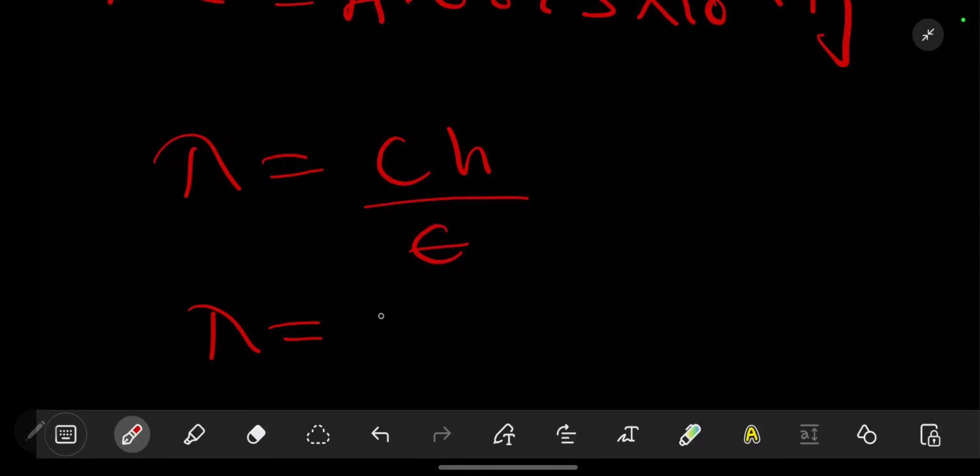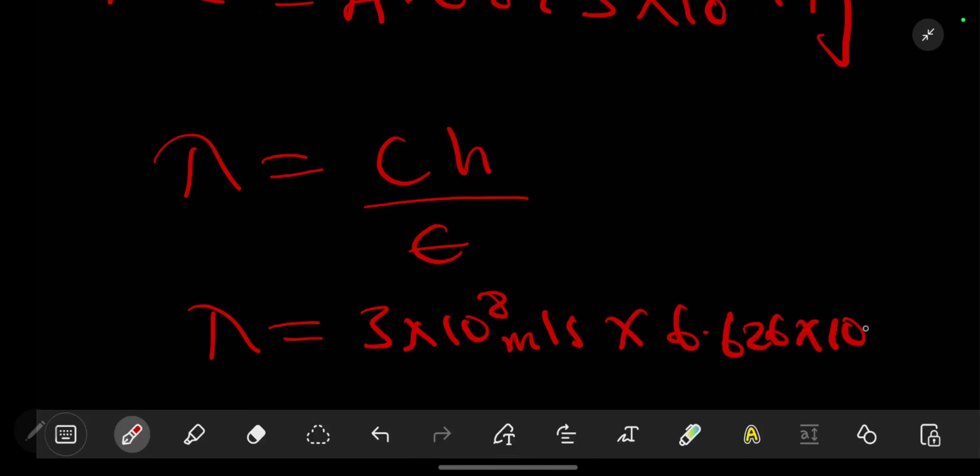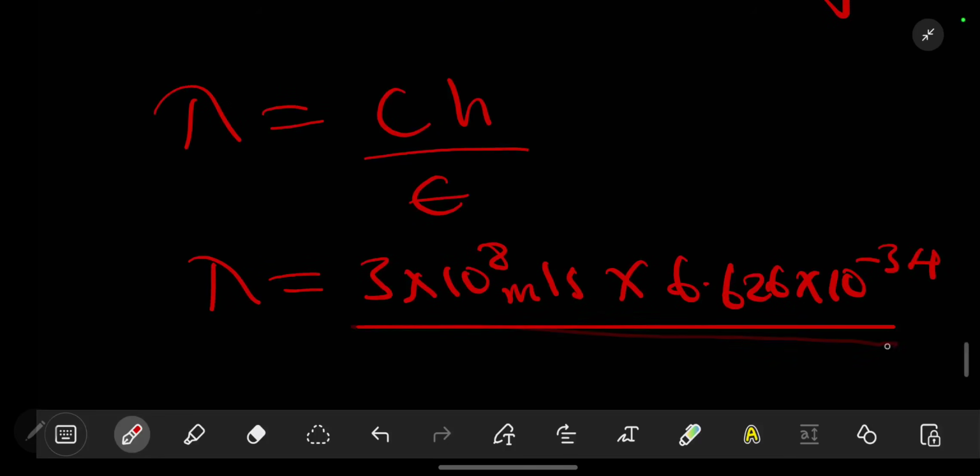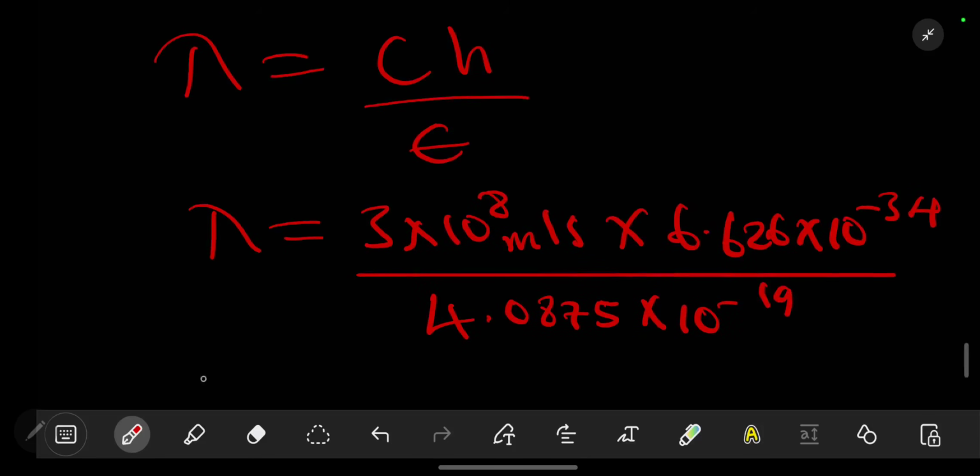So we are going to have the speed of light, 3 times 10 to the power 8 meters per second, times the Planck's constant, which is 6.626 times 10 to the power negative 34, over the energy, which we found to be 4.0875 times 10 to the power negative 19.